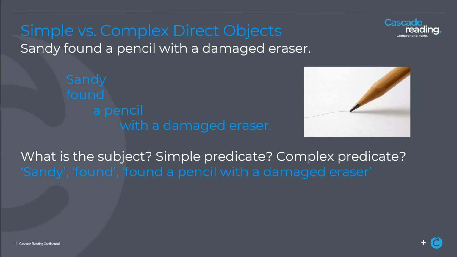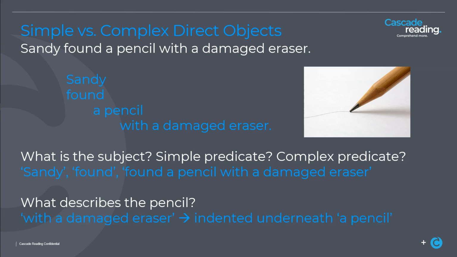The complex predicate, though, includes all of the information that describes the predicate, that describes the simple predicate. Therefore, the complex predicate is found a pencil with a damaged eraser. Now, what in the complex predicate describes the pencil that was found? With a damaged eraser describes the pencil.